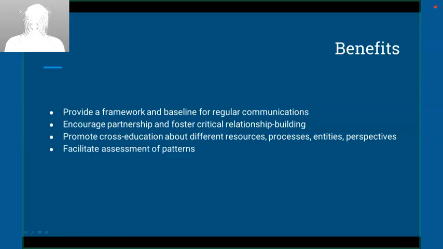And then finally, particularly with respect to a case management group or a SART team, this can help facilitate the assessment of patterns.